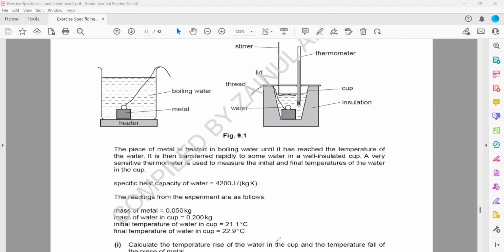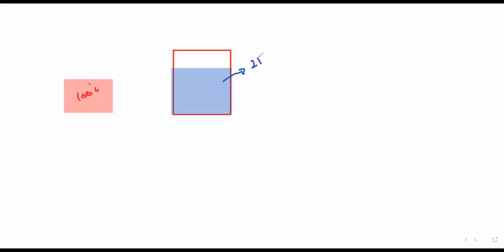So initially we were having a metal which was at 100 degrees centigrade. We have water inside a container which is at 21.1 degrees centigrade. We transfer this metal into a container filled with water.